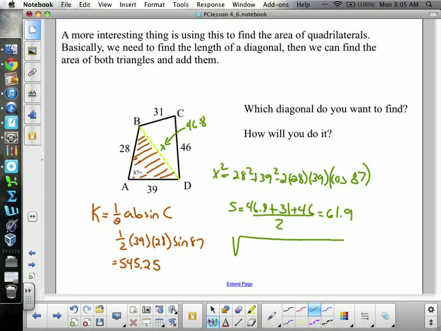So the area is the square root of 61.9 times 61.9 minus 46.8, which is 15.1, times 61.9 minus 46, which would be 15.9, times 61.9 minus 31, which is 30.9.